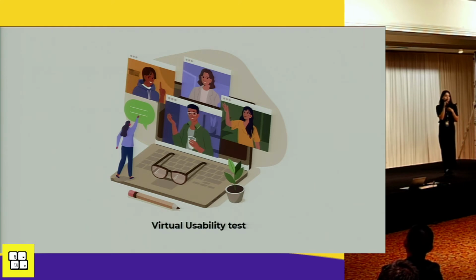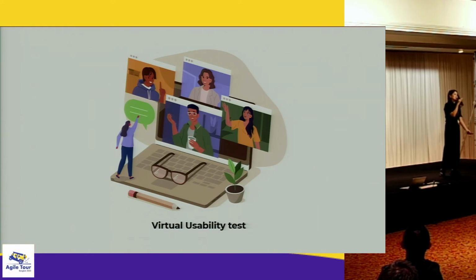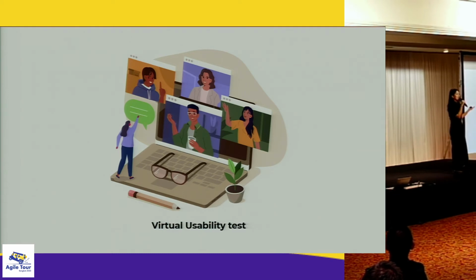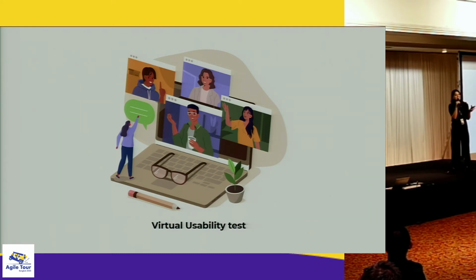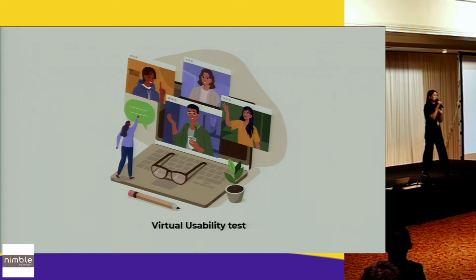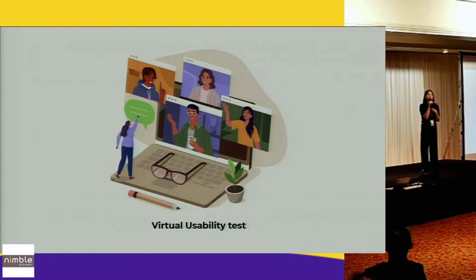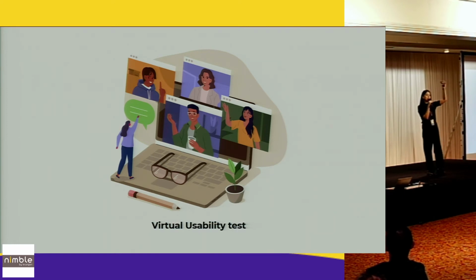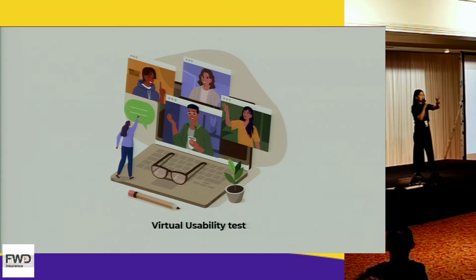Me in Bangkok, Thailand, my users in Louisiana, United States, we have to do a virtual usability test. The thing that I thought was going to be my main challenge turned out not to be. Mostly it's the time zone, because I have to start working from 9 a.m. over there, which is 9 p.m. here, until 4 in the morning or sometimes 6 a.m.